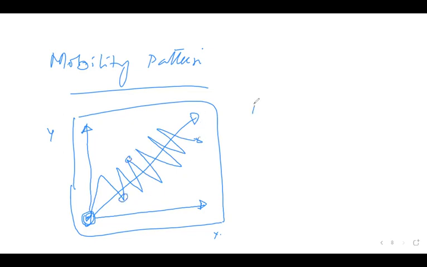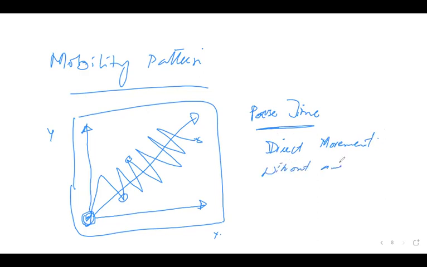You can add some pause time where the node will stay for a certain period, and then onward the other node can deliver data to that particular node. So here is the pause time. Either that will be a direct movement without any pause time. So this is very important, what kind of mobility pattern you are following.